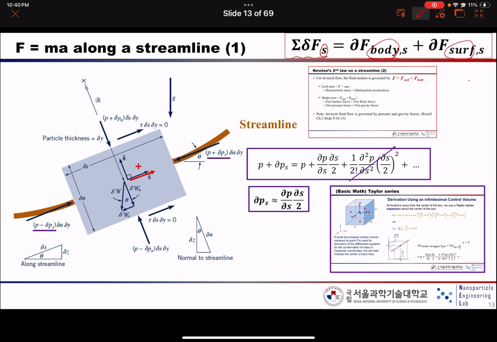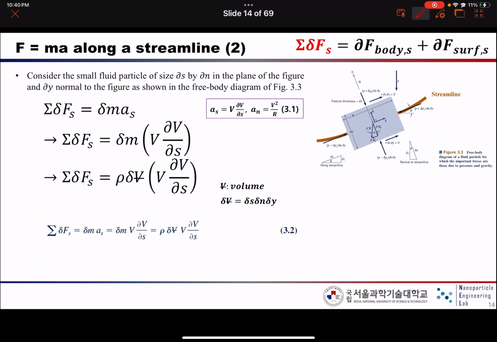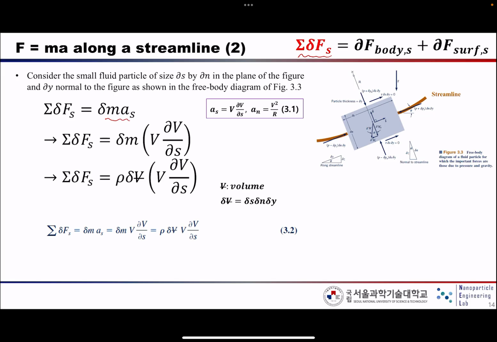Okay, so here, sorry, this is a streamline. For the left hand side, we just use F equals ma. The acceleration along the streamline we already derived on the previous page, so we know the result is v times partial v divided by partial s.